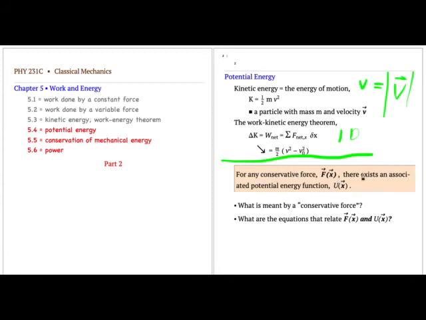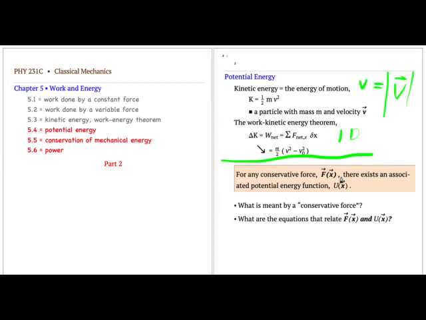All right, so write that in your notebook. We're going to have to figure out how you calculate U if you know F. Or, the converse, how you calculate F if you know U. Now, as I say, not every force has an associated potential energy function. Only certain forces have a potential energy function.